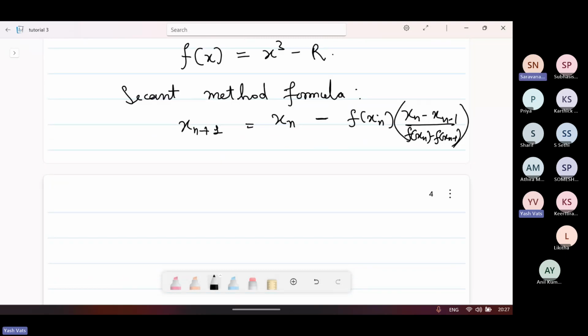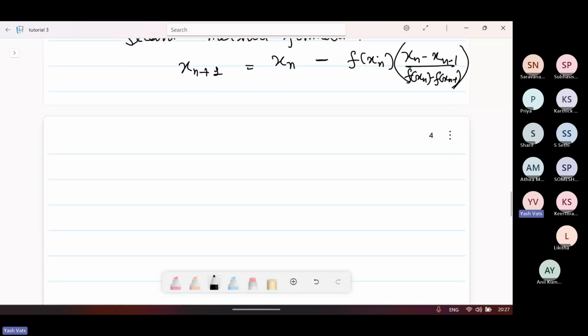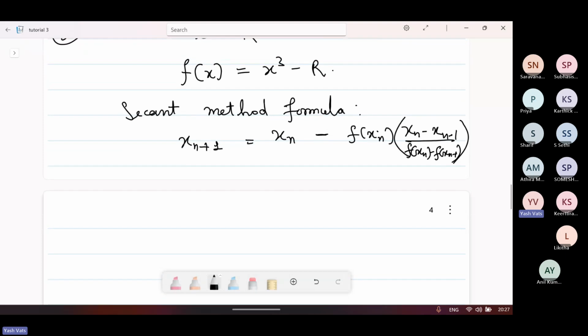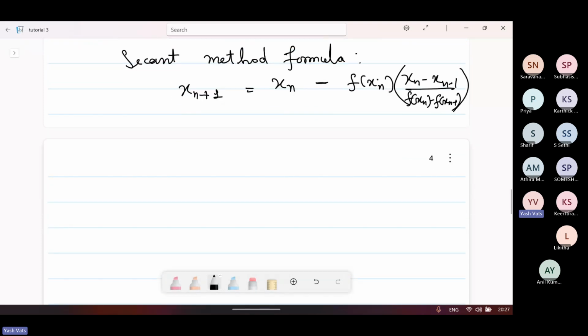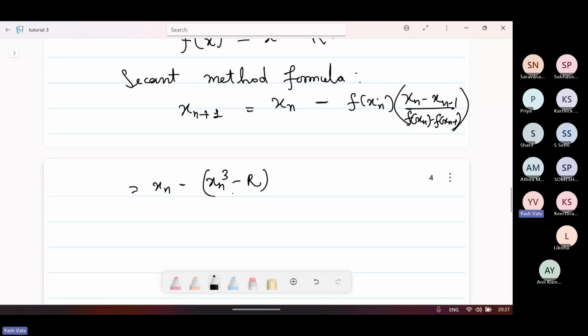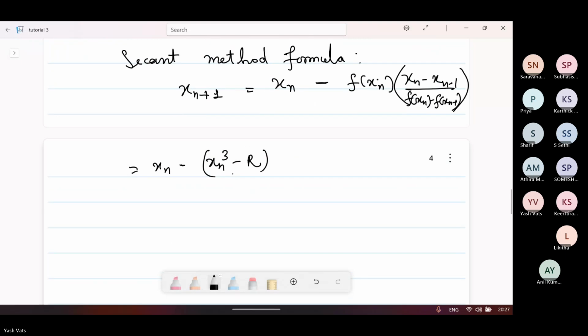So now you can find out what is the value of f of x and you know that. You just substitute in it x n minus r, f of x n.